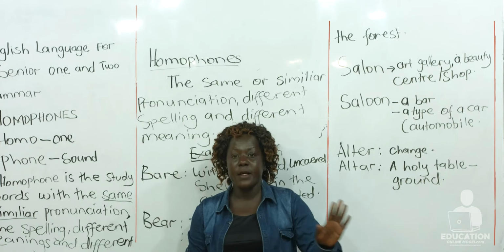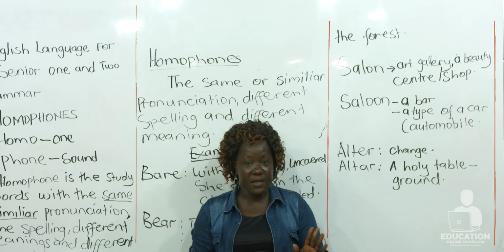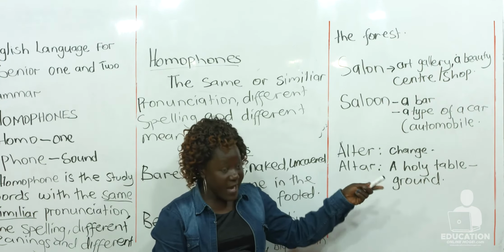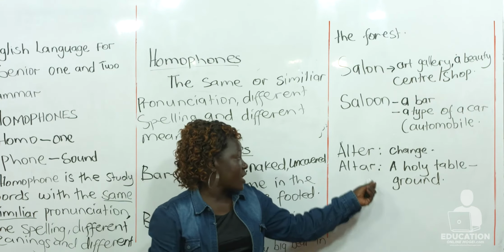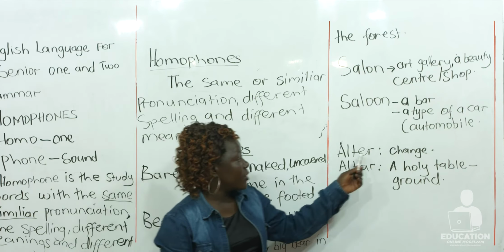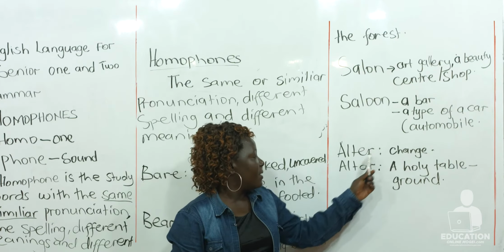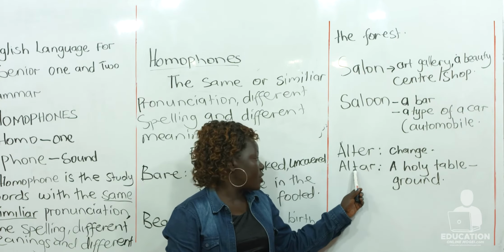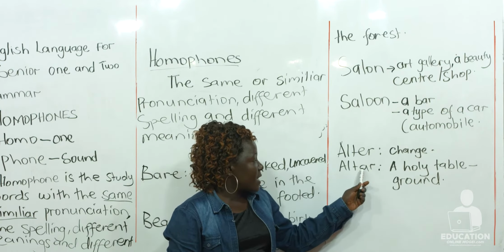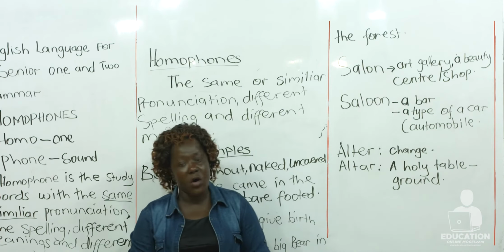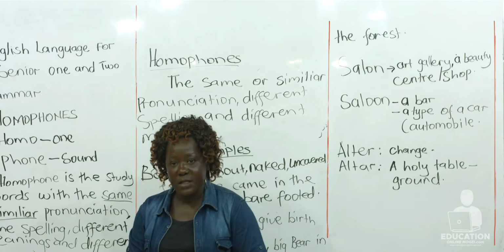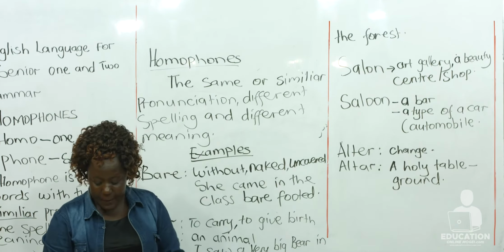It is only religious clerics who are supposed to be there where it is demarcated for altar. So you have to be very careful. If you want to use the word change, use this one with ER. If you want to refer to a holy place, you have to use AR. Alter is different from altar. So mark the difference.